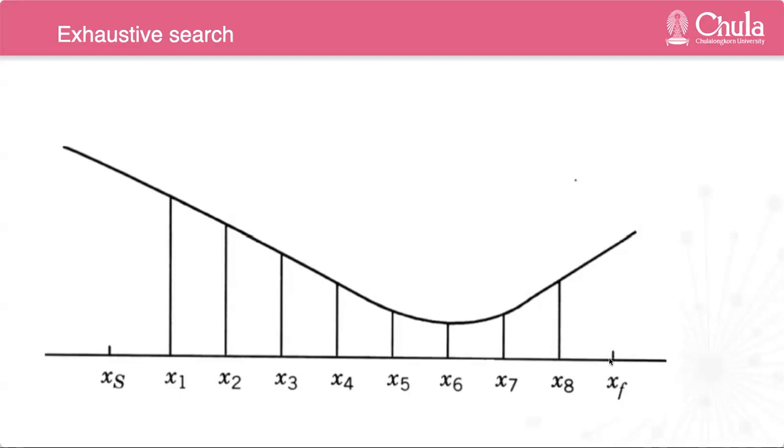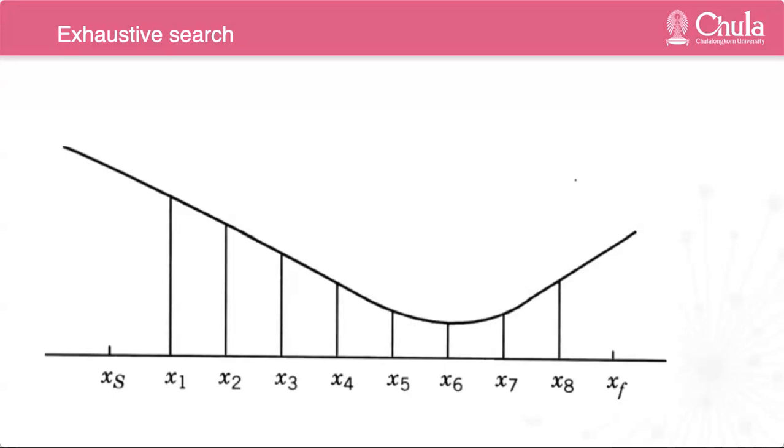And we divide the interval into 9 areas. And we evaluate the objective function, and it looks like this. From the definition of unimodal, we cannot guarantee that the minimum point lies between x5 to x6 or x6 to x7, right?